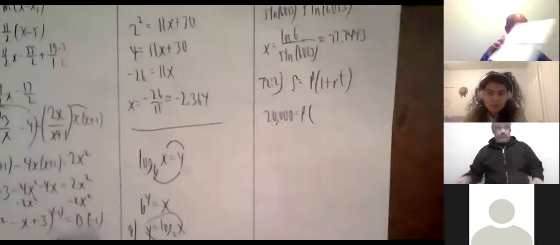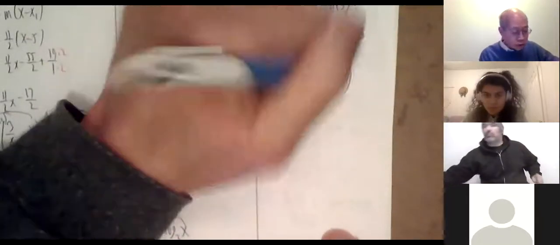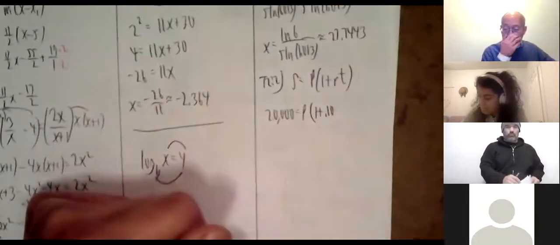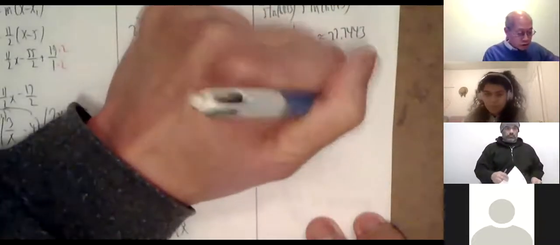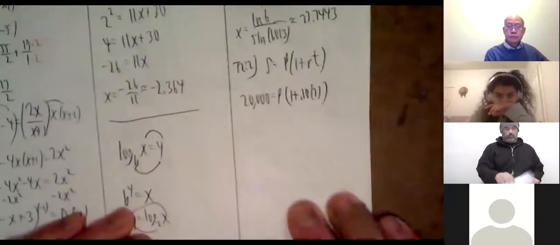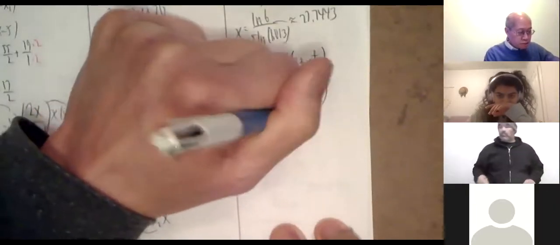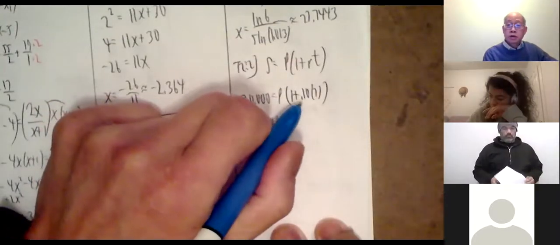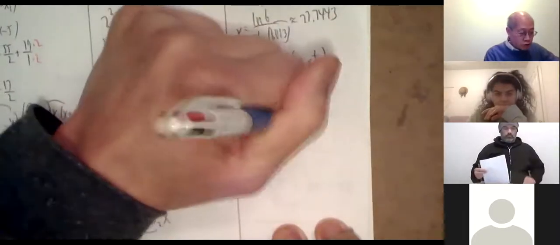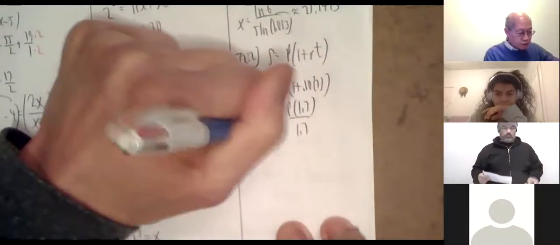In 7 years, 10%. So 1 plus the rate, which was 10%, so that's 0.10, and 7 years is 7. So 20,000 is P times 1.7, since 7 times 0.1 is 0.7. Divide by 1.7.